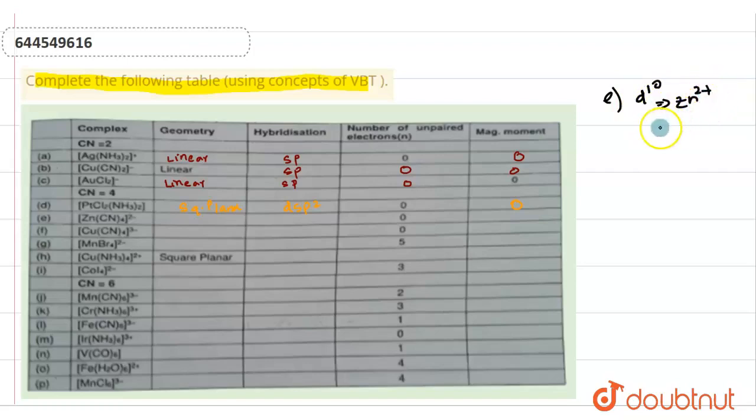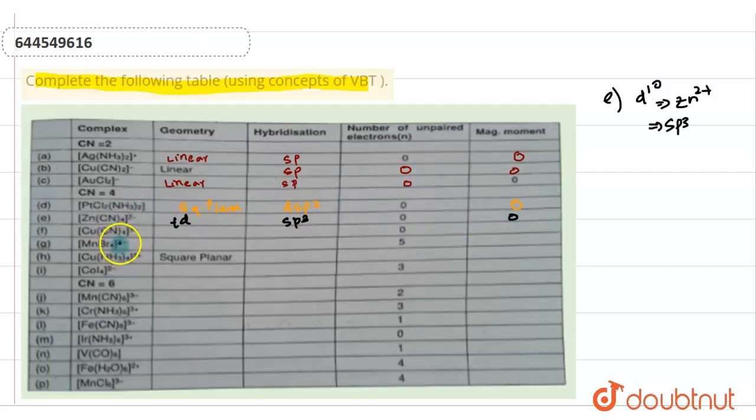So d10 implies d is completely filled, so it will have sp3 hybridization. Sp3 means it will have tetrahedral geometry, with 0 unpaired electrons and 0 magnetic moment.